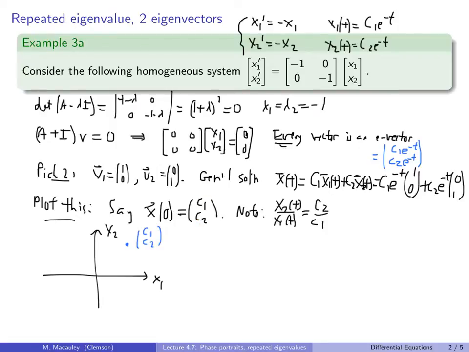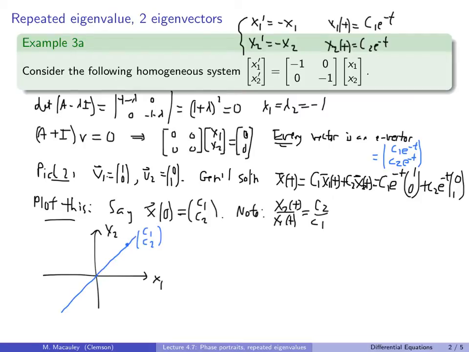So this curve at any point in time lies on the line of slope c2 over c1. So that means that this line going through the origin, for any point in time, x2 over x1, the rise over run, is on this line. So if we start here, we're going to end up on this line.